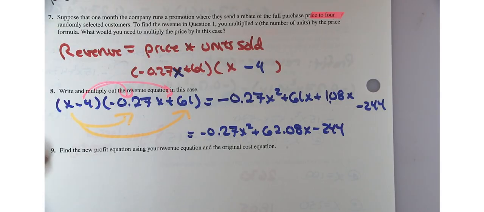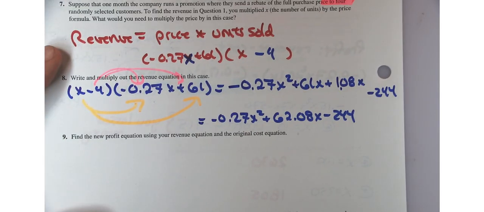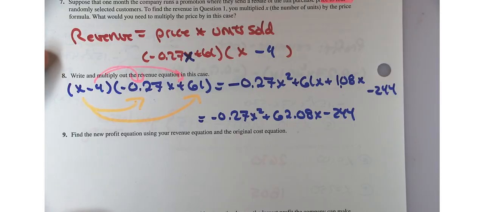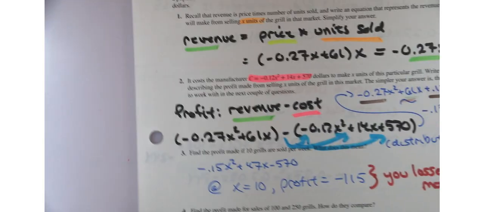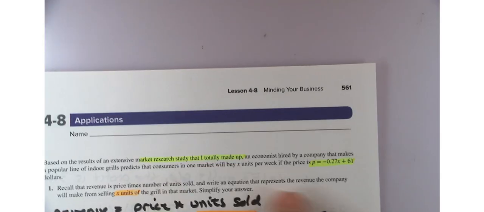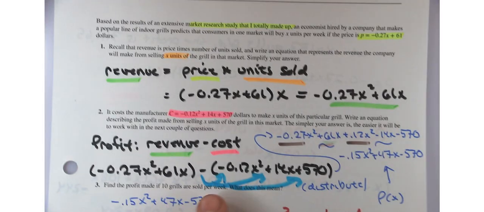Okay. Find the new profit equation using your revenue equation and your original cost. So that's going to be going back to our cost equation, which was right here.